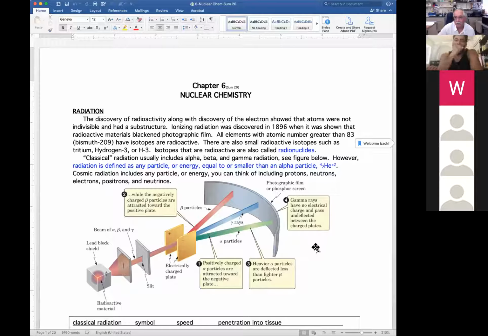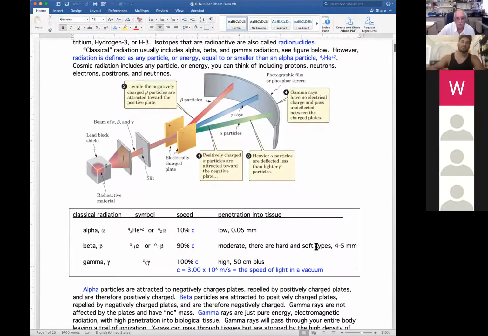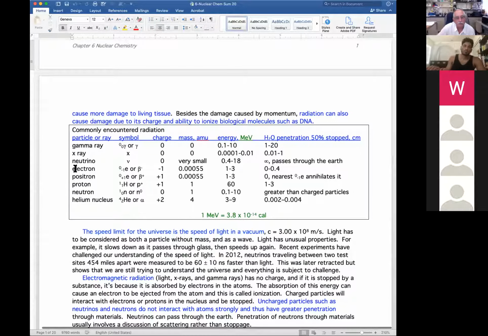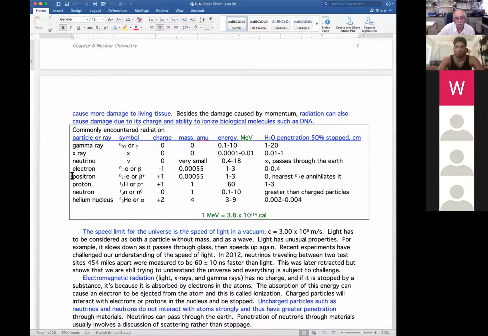Then as time went on and they figured out more and more, then we find that pretty much everything that we know about comes out of stars and is cruising around in space and is known as cosmic radiation. Here's an electron. Here's a positron. The electron is considered matter. The positron is considered antimatter.